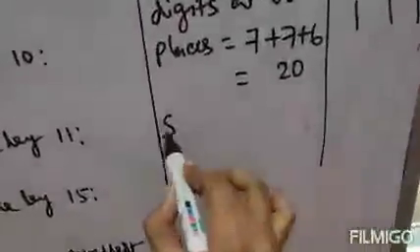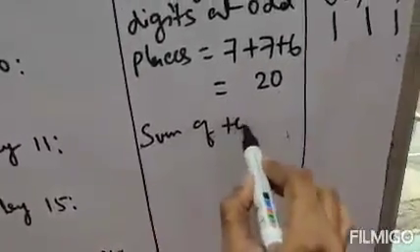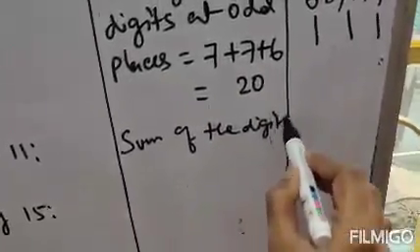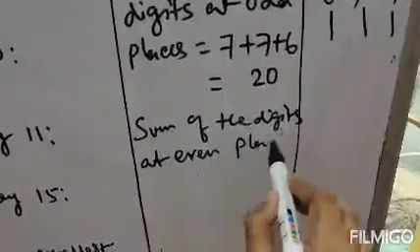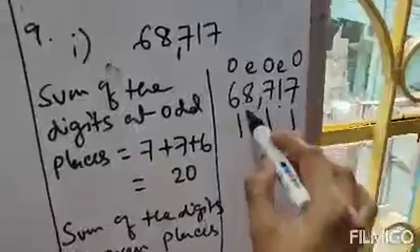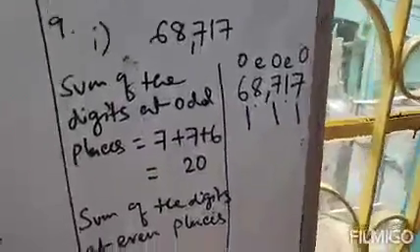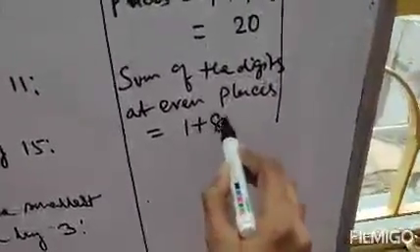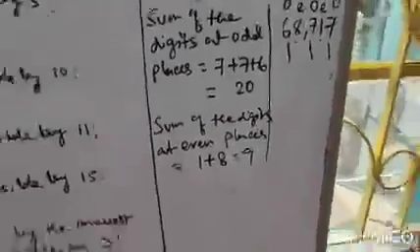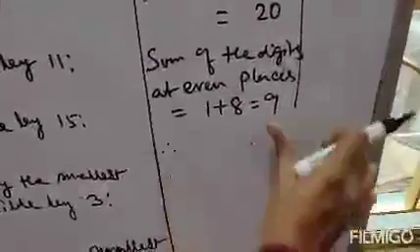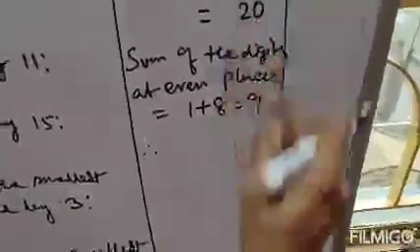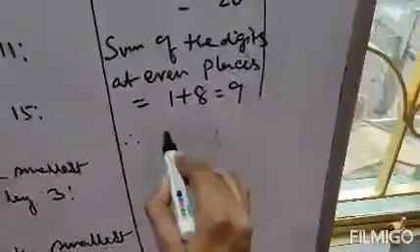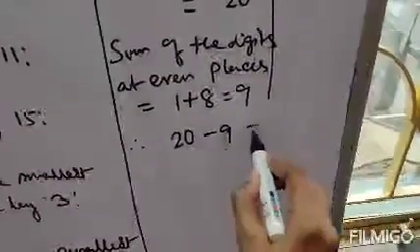Sum of the digits at even places: two even places are there, 1 and 8, so 1 plus 8 is 9. Now subtract them: 20 minus 9 is 11.